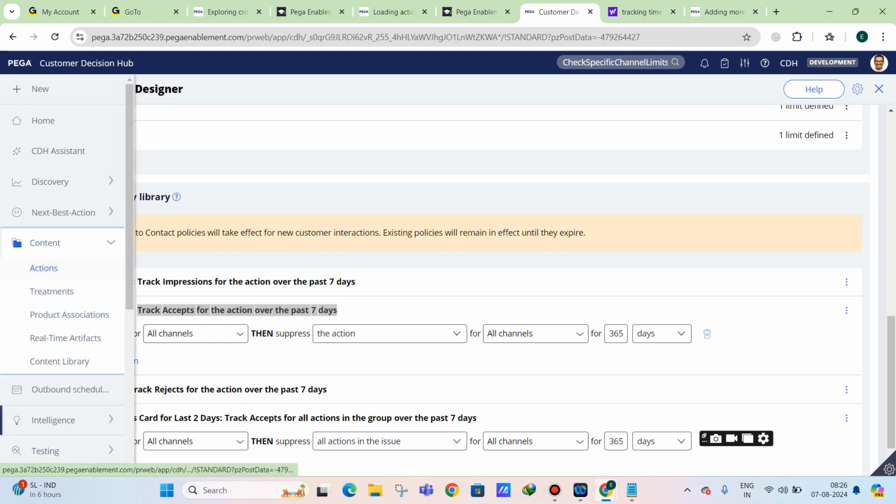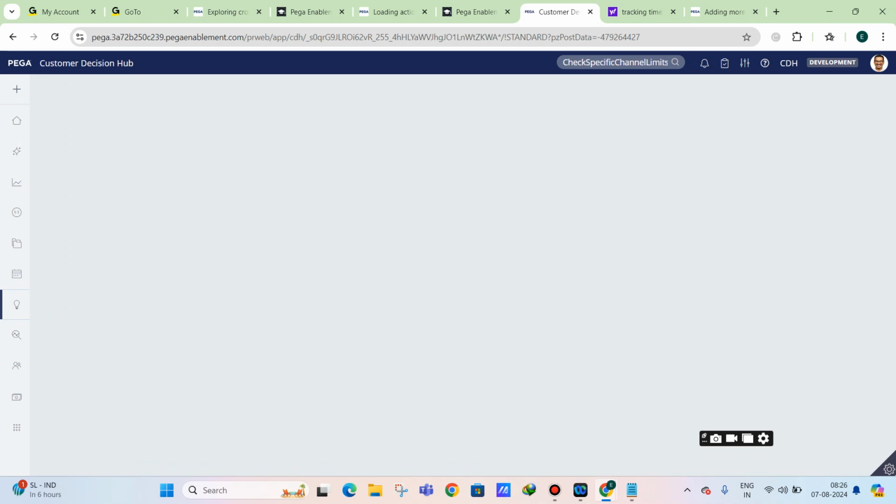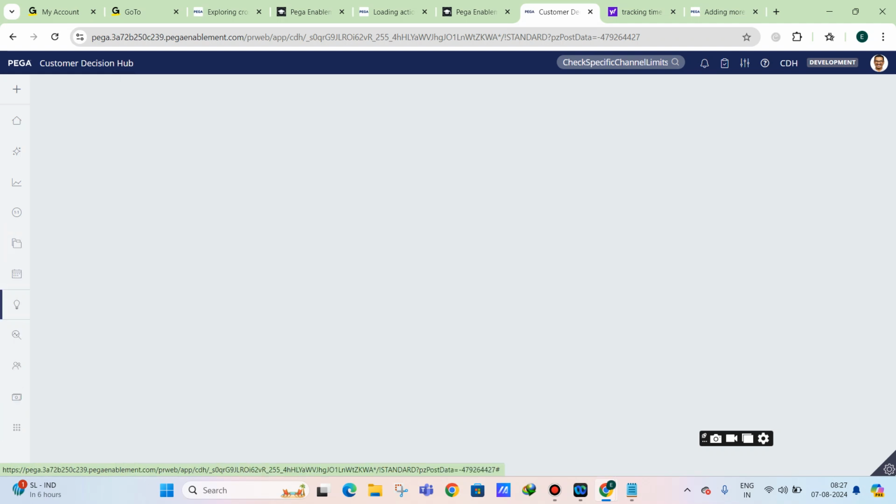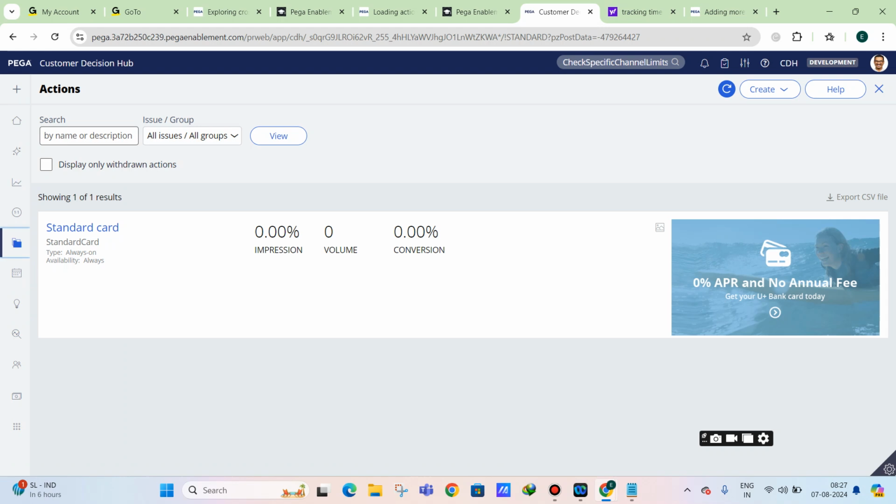So we need to call these suppression rules in the actions. We can call it at issue level, at group level, and also at action level. So for example, if I go to the actions, there is one action here.